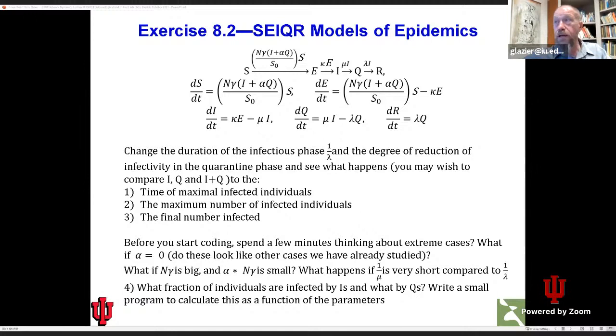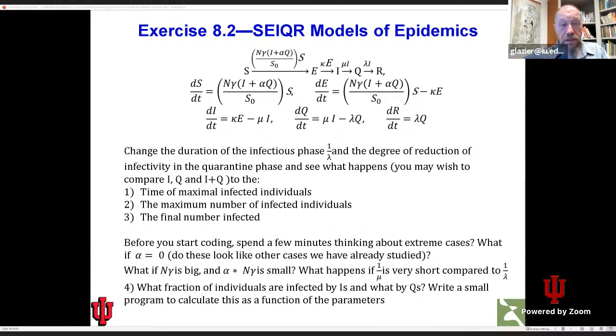On the other hand, if quarantine really represents the fact that when you're sick, you're staying home, you might still be interacting with your family and others, and then alpha might be more like a half, give or take. But it's a very good question. Alpha is a result of a behavioral change, and so you have to find out what that is for a particular disease.